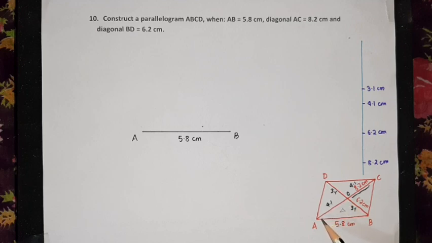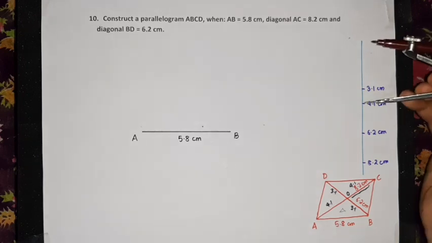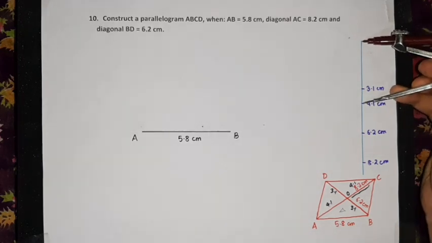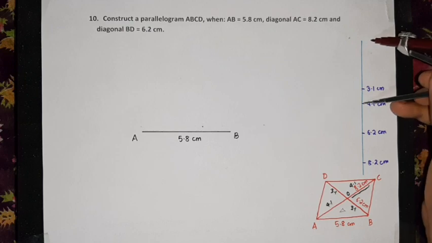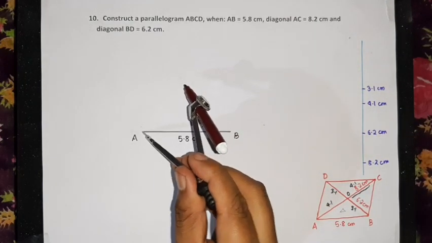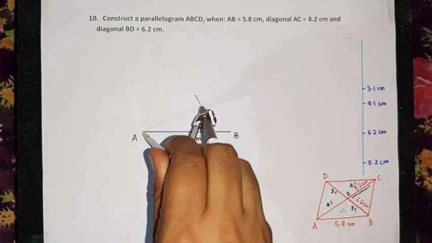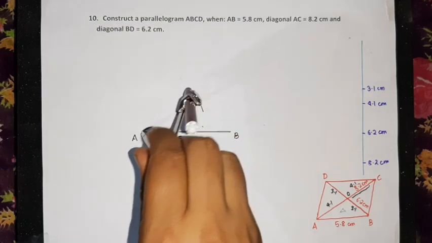Okay, so here the triangle is AOB, and AO is given to be 4.1. So let me take the radius of 4.1 because we know how to construct a triangle, right? So let me take a radius of 4.1 and let me draw the arc out here. Okay, so this is my 4.1.